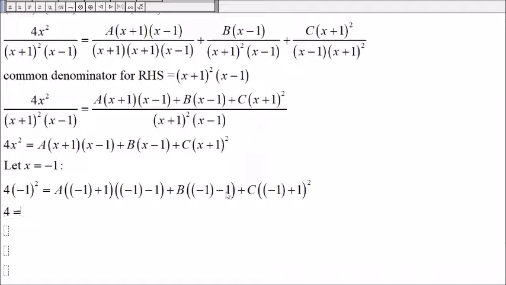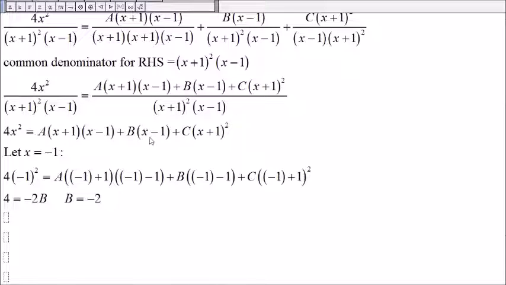And then -1 minus 1, we get -2b, and then -1 plus 1 is 0. And then divide both sides by -2, we get b to be -2.